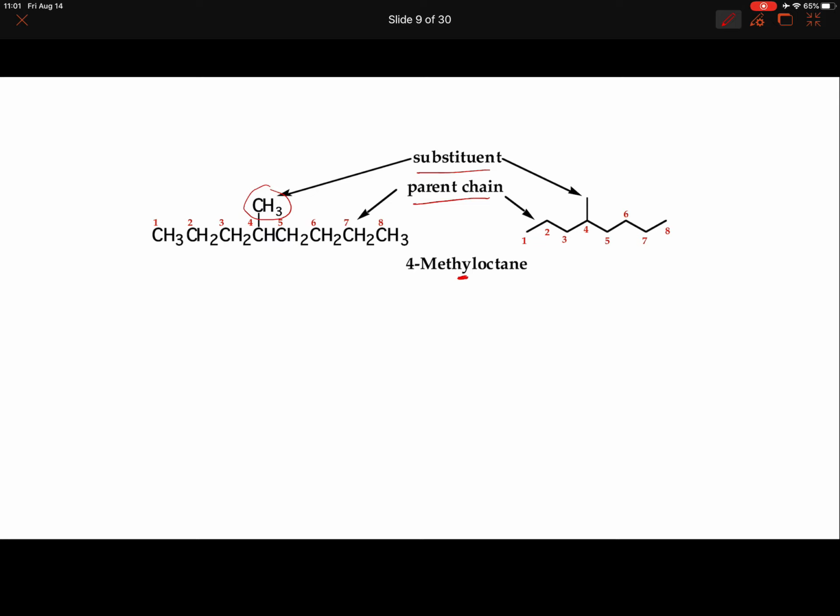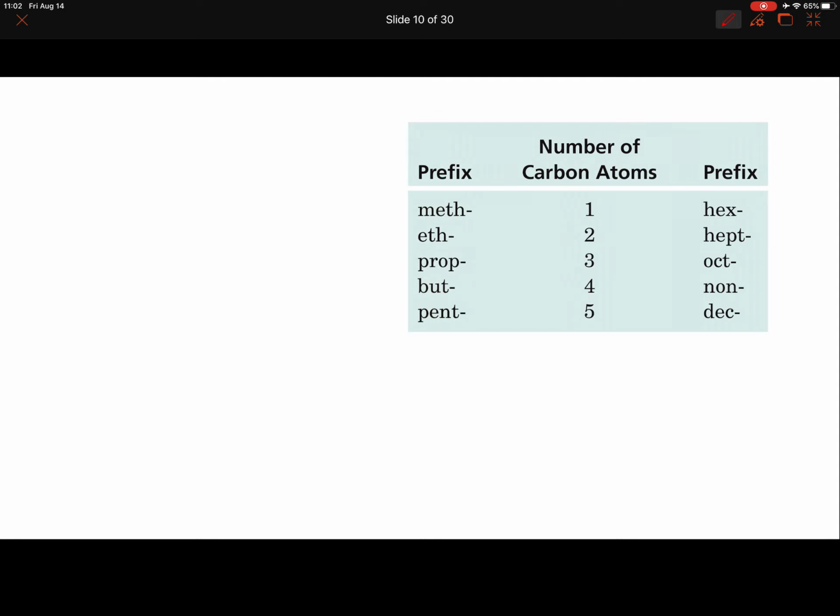So let's say that I have 2 carbons in it. Well, actually, we need to see how to name parent chains. So let's introduce this. These are the prefixes that we use, and you can see here that there's some missing numbers: 6, 7, 8, 9, and 10. So if I have 2, 3, 4, 5, 6, 7 carbons, then the prefix would be hept.